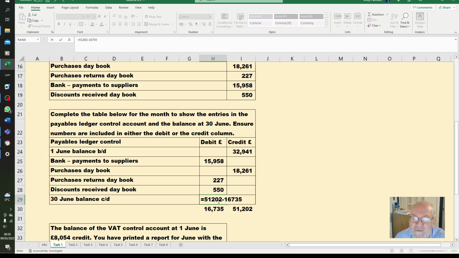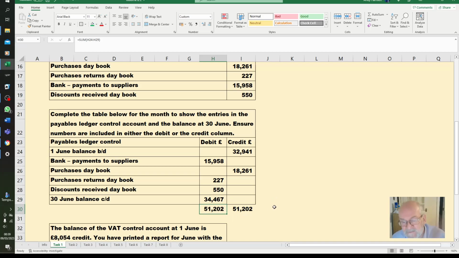Just making sure, be careful. I can't do the equals now because otherwise I would get a circular error. There we are, 3, 4, 6, 7, that adds up to that. So I have typed the right number in. Very worried about it. 34,400. Notice it's a carried down, it's the 30th of June.